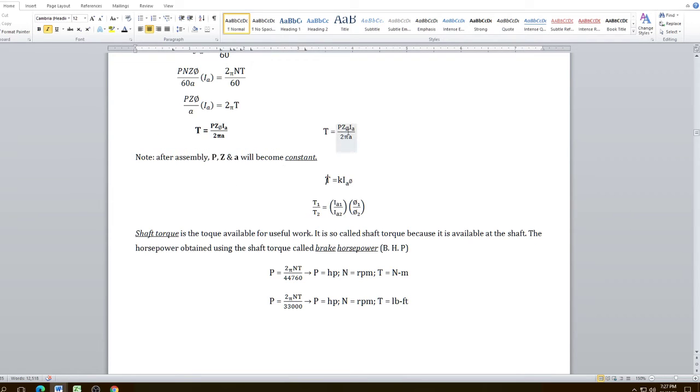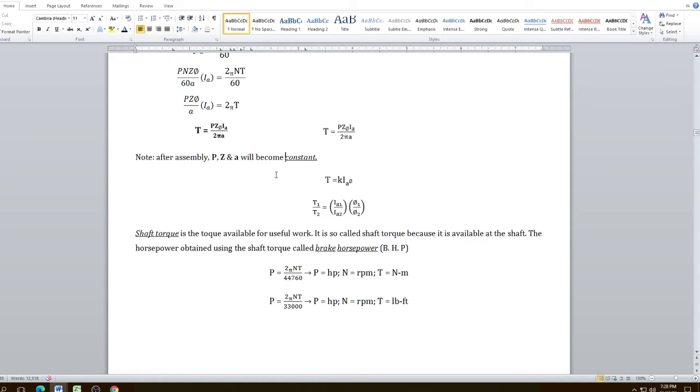After assembly, you cannot vary what is inside, so the number of poles, the number of series conductors, as well as the number of parallel paths will become constant.